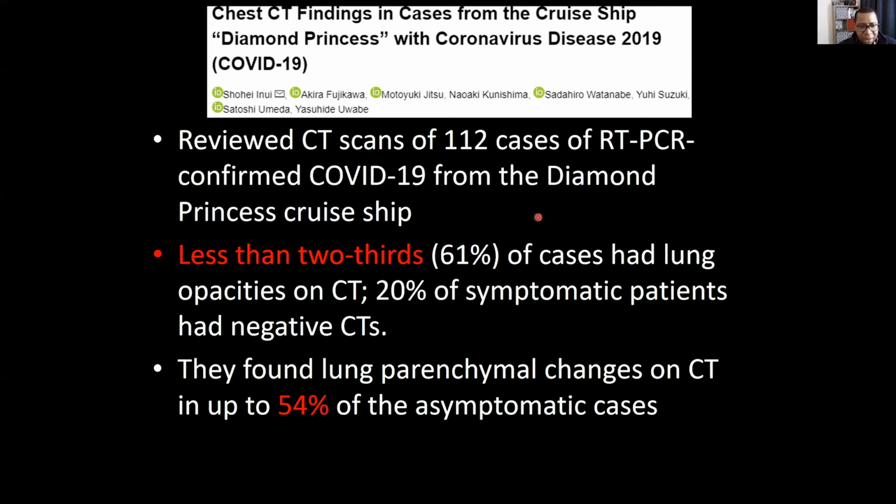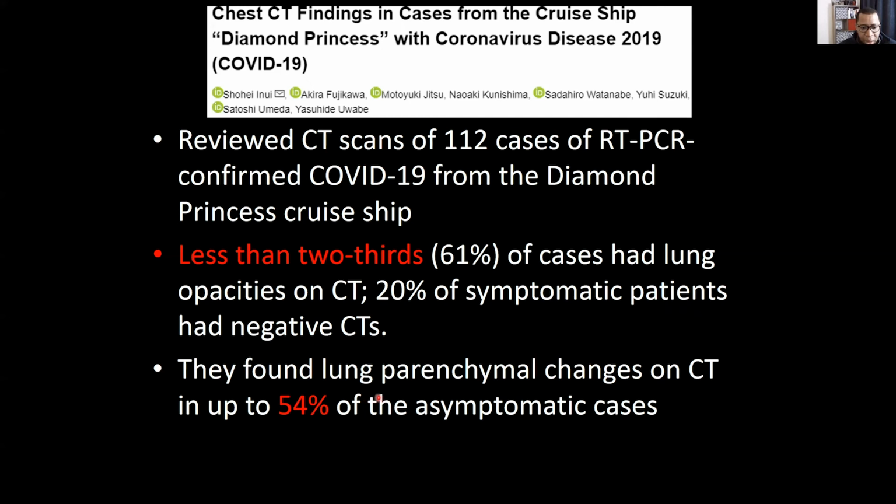Well, interestingly, they found that less than 2/3, okay, of cases had lung opacities on CT. So known PCR cases, only less than 2/3 had opacities on CT. Okay, and 20% of symptomatic patients had negative CTs.